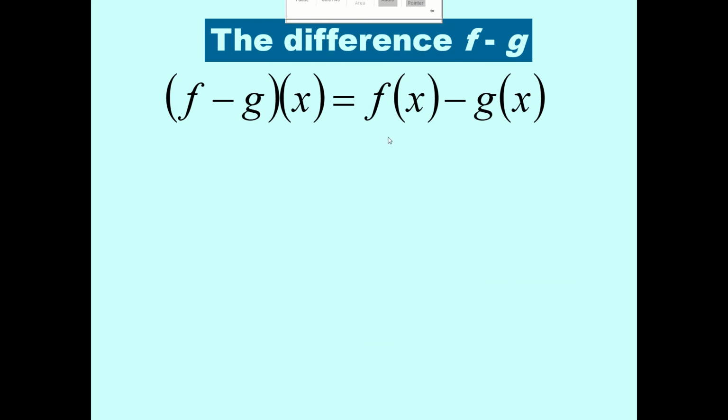Yes. So this is a subtraction. We can show it like that, f minus g of x, f of x minus g of x.